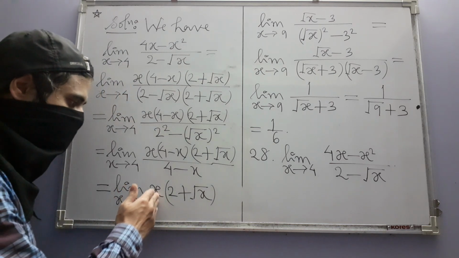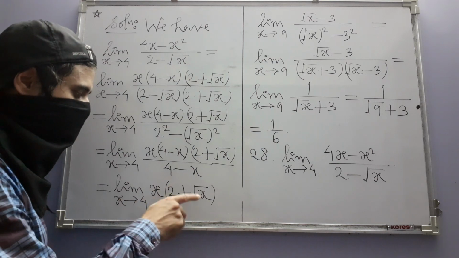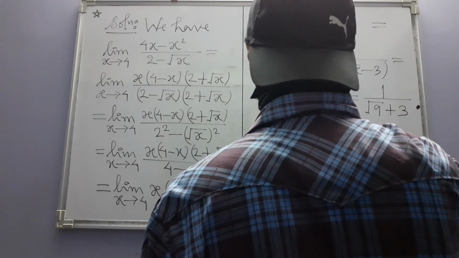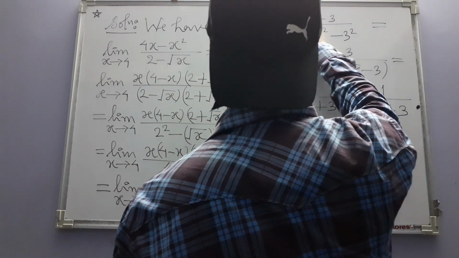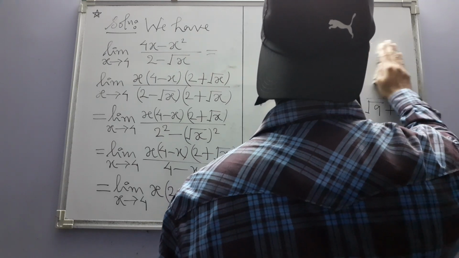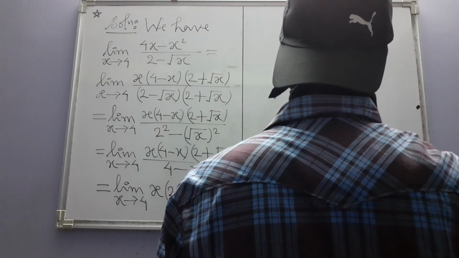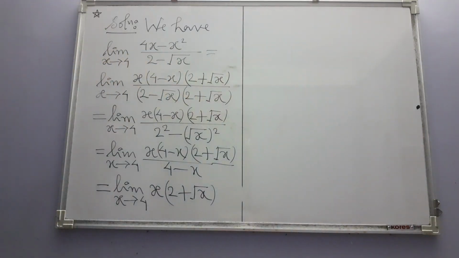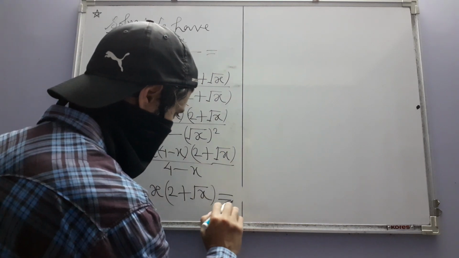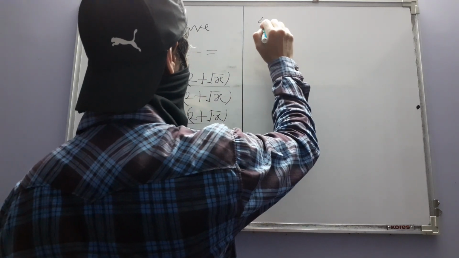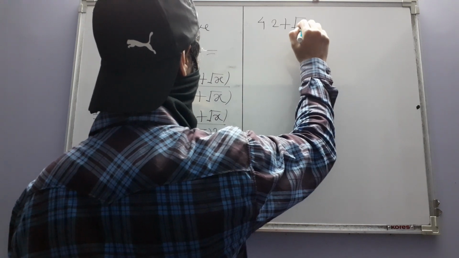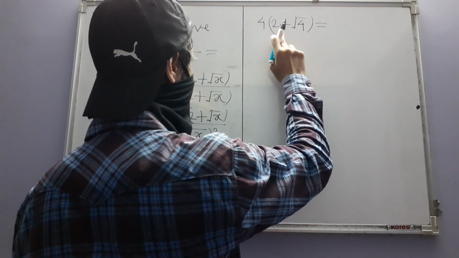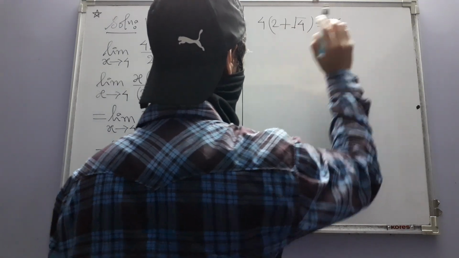Okay, so now using the product rule and the power rule in combination, the value of the limit is this. That is, this should be equal to 4 times 2 plus square root of 4. So that would be 2 plus 2, again another 4, so 16.